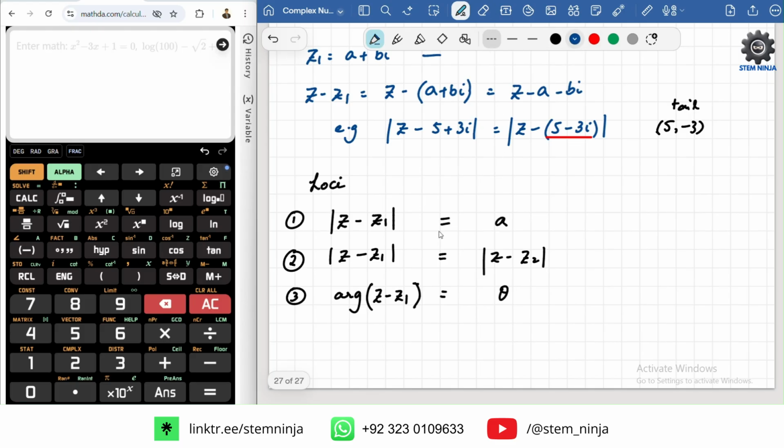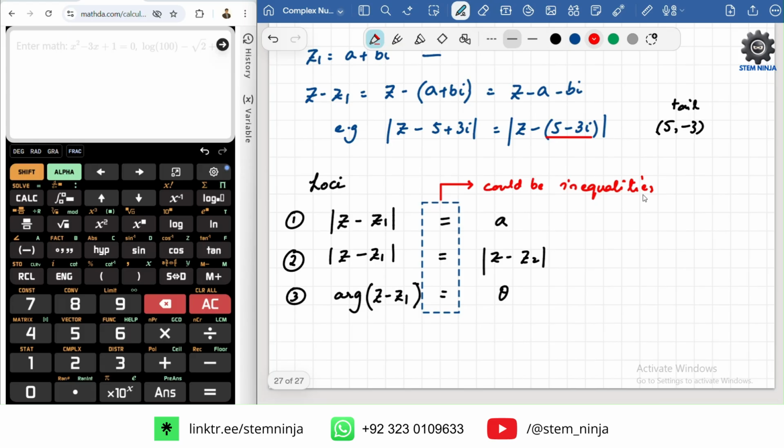Now, for simplicity, I have used equality, but these could be inequalities also. Most likely they will be inequalities, because in the past paper questions that we will see, most likely they will be inequalities.